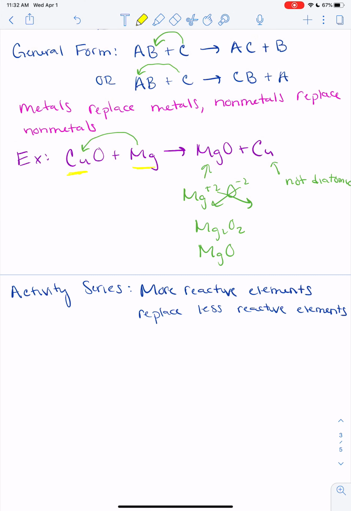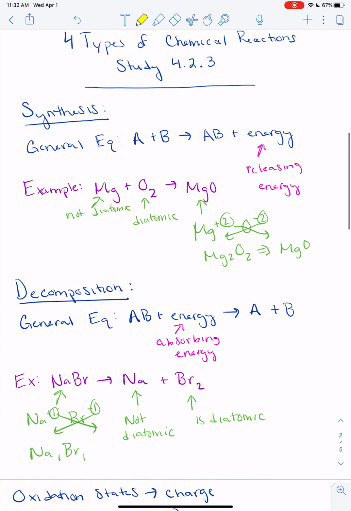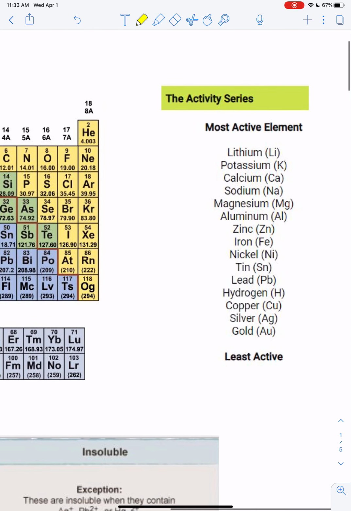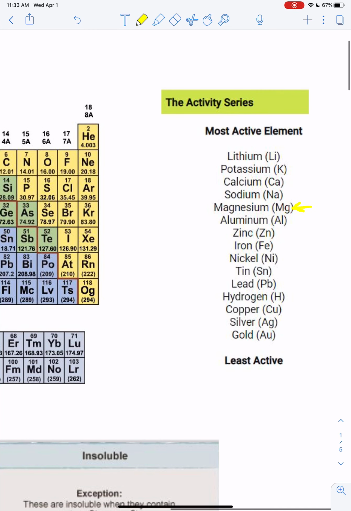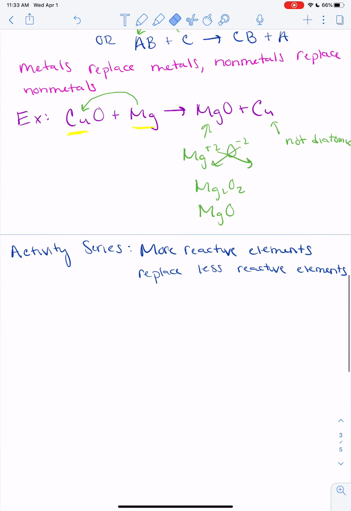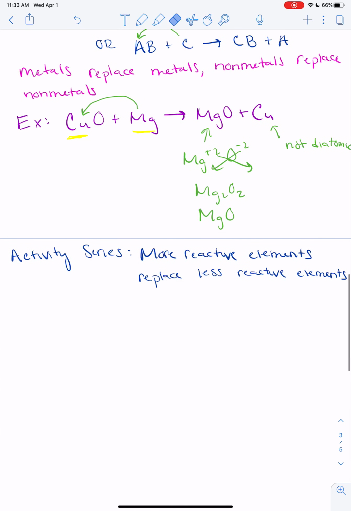To figure out if this reaction would actually happen, we would have to look at our activity series. So I have our activity series right here. Since magnesium is above copper on the activity series, it is more reactive, so that means it can kick out copper. That's why this reaction can take place, because magnesium is higher up on the activity series than copper.